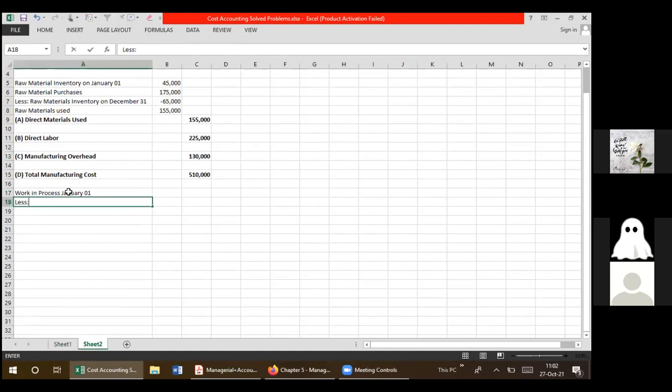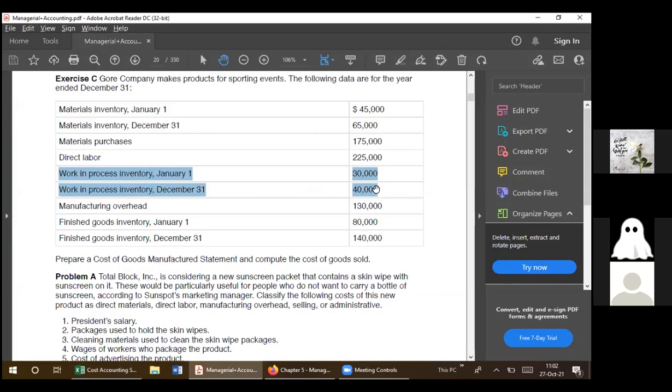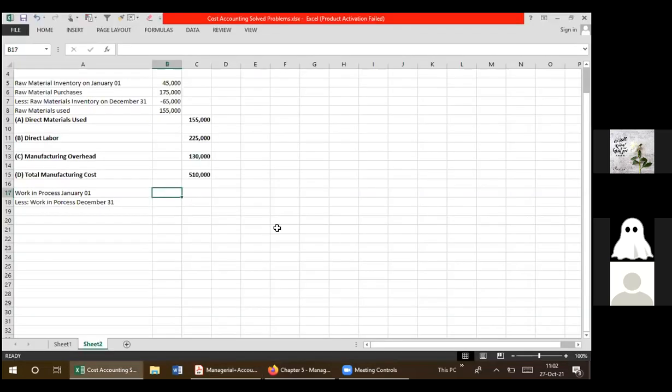The amounts are 30,000 and 40,000 respectively.